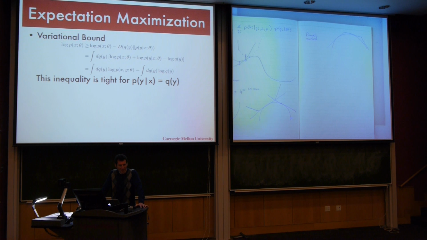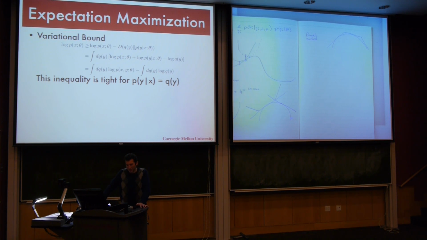Now, to go from the second to the third line, the only thing that you need to use is the fact that P of x given theta times P of y given x and theta is P of x and y given theta. The y's might be, for instance, your cluster memberships, right? Okay. And then the other thing that I'm going to do is split up the integral.